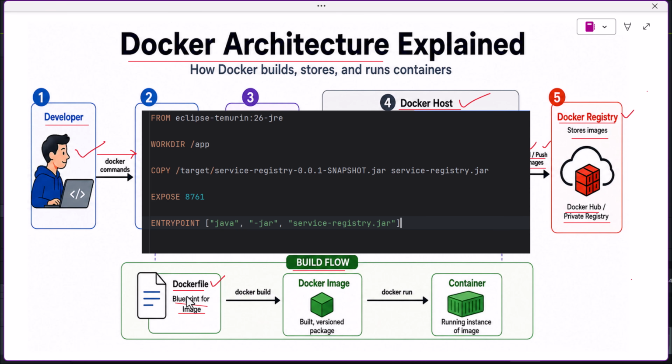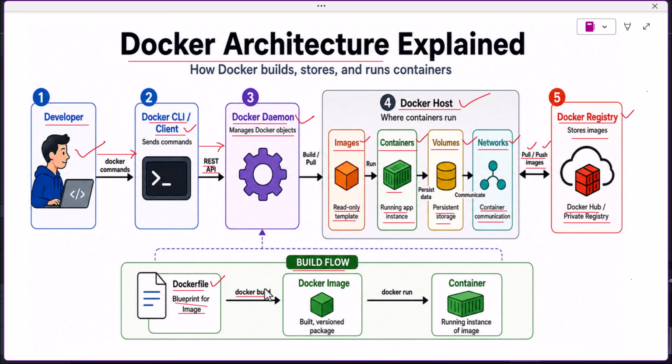The developer executes the Docker build command. The Docker client sends the build request to the Docker daemon. The daemon processes the Docker file and the provided build context to create a Docker image. Docker stores the completed image on the Docker host. The image is a built and versioned application package.